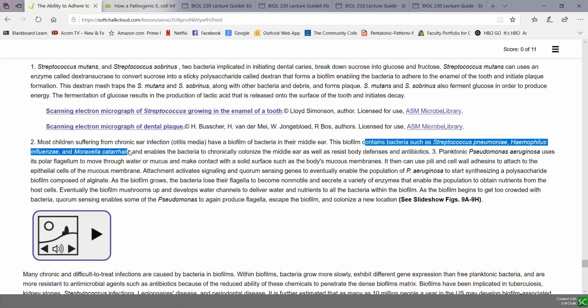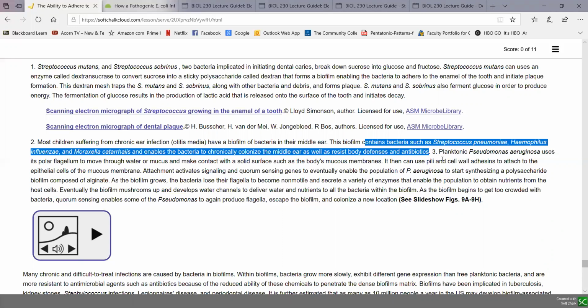And so this biofilm of bacteria chronically colonizes the middle ear and of course resists body defenses and resists antibiotics. And so as a result, although the number of bacteria can be reduced and the symptoms may disappear, the ear infection then often recurs because the biofilm is still there in the middle ear.